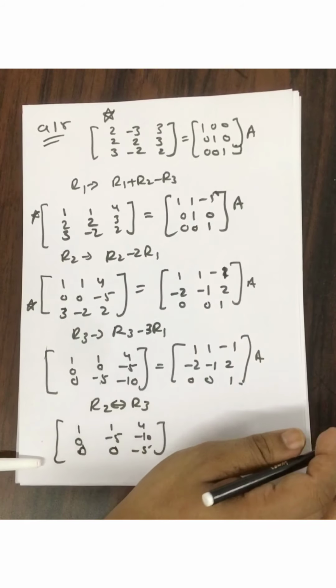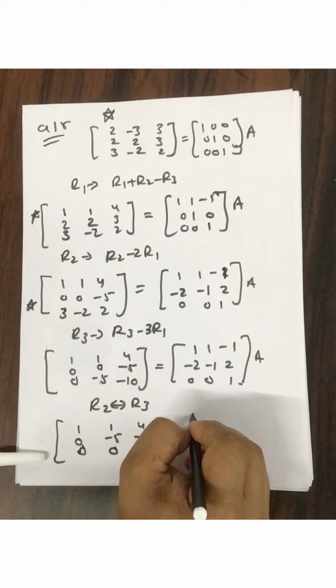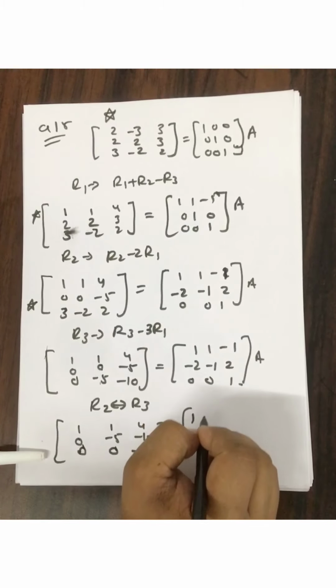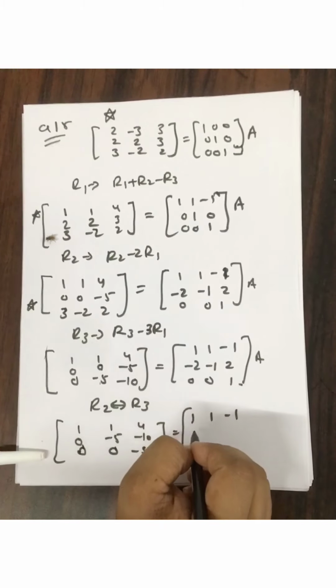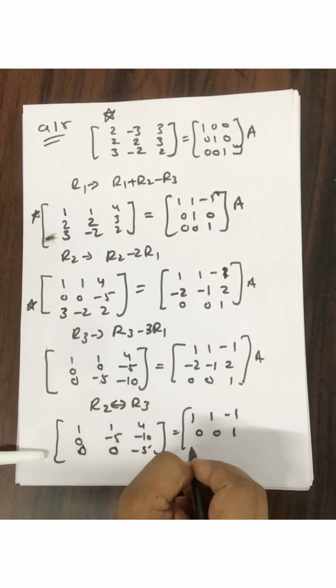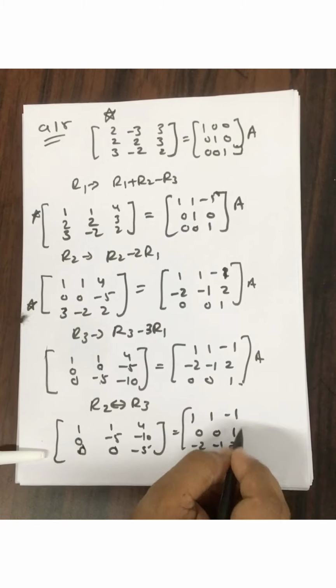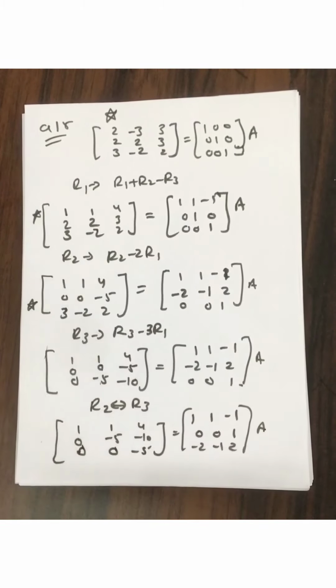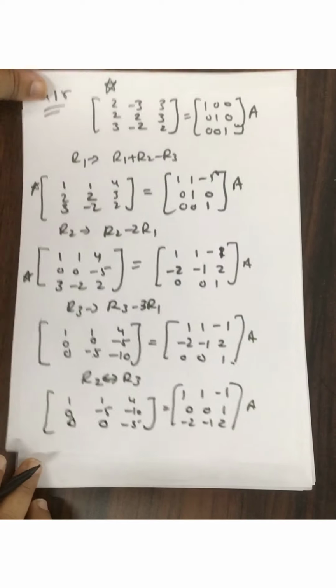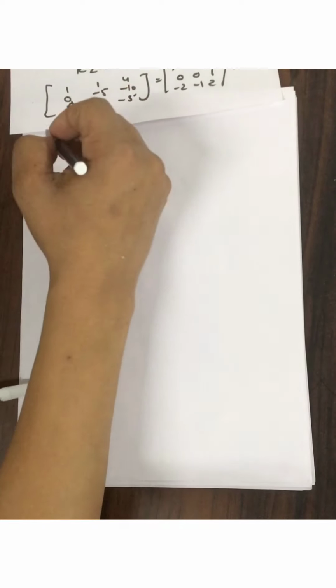Got it? Same over here. 1, 1 minus 1. This will be 0, 0, 1. Minus 2, minus 1, 2. Got it? Simple. Once we exchange, I will keep this paper over here just to make sure we continue.